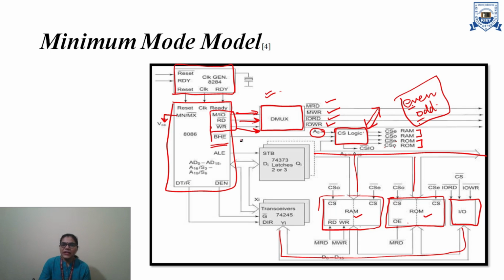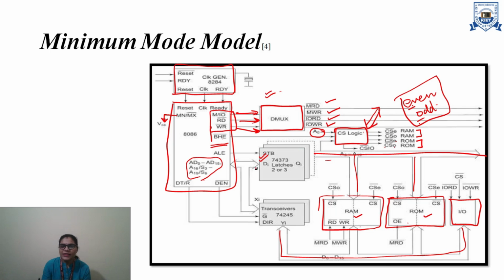As we have seen in the demultiplexing of data and address buses, the 8086 has multiplexed address and data buses. So it will have an address latch for demultiplexing of the address buses.